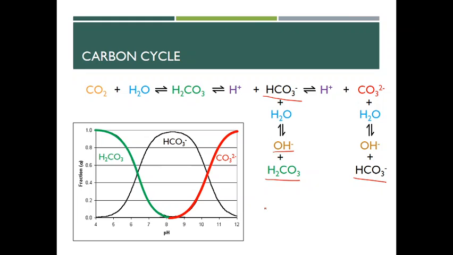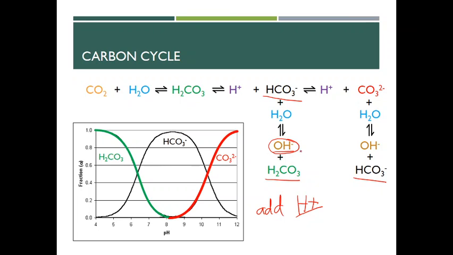So what happens when you add an H plus to this system? Now, the easiest thing for an H plus, it doesn't matter where we are on this pH scale, wherever you add a hydrogen ion, what it's going to combine with is this OH minus, right? It creates water.